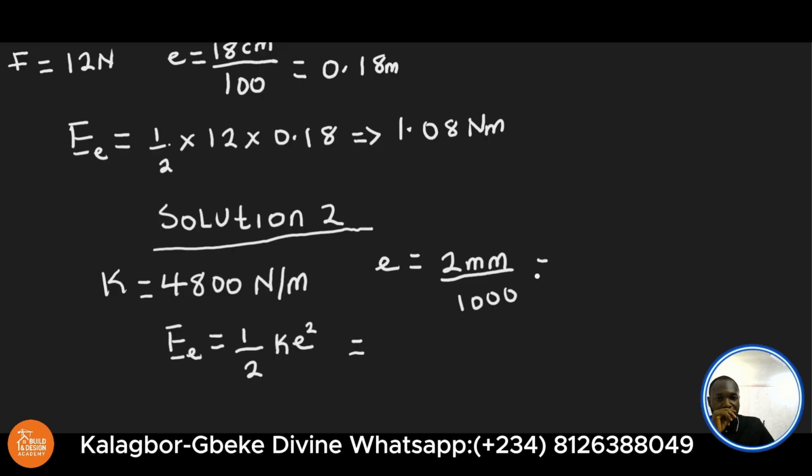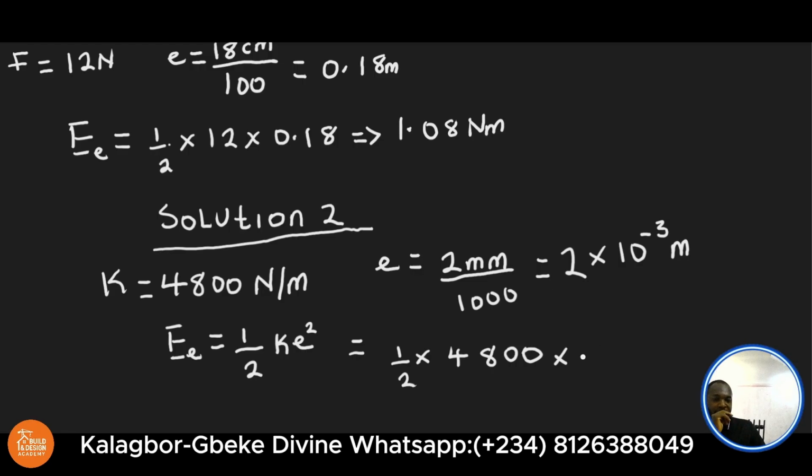And you now have 2 times 10 raised to the power minus 3 meters. So now we substitute, we have 1 over 2 times K, which is 4800, times 2 times 10 raised to the power minus 3, squared.